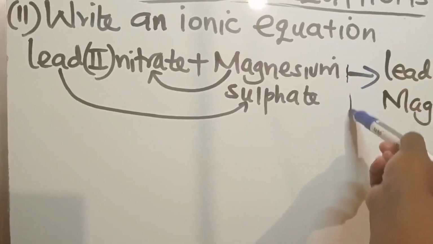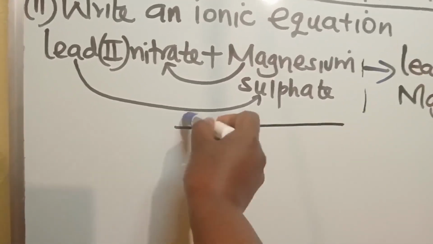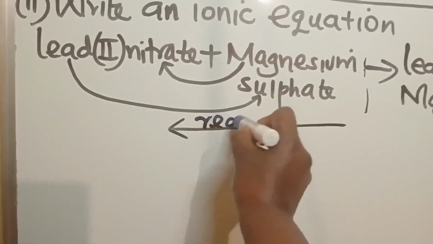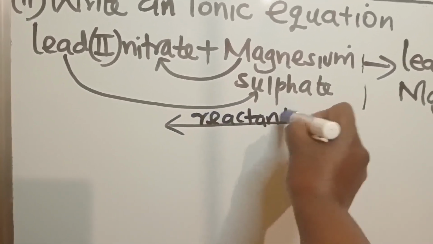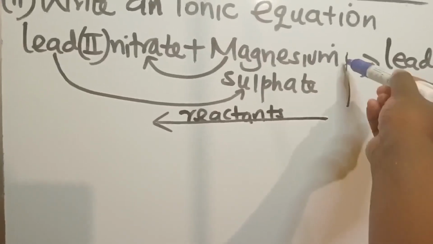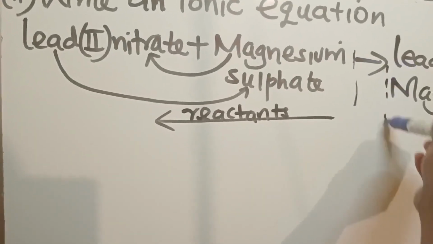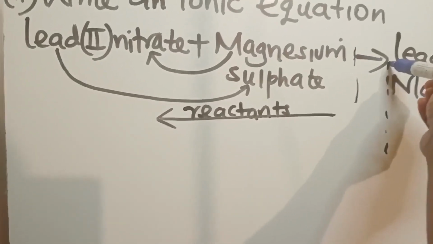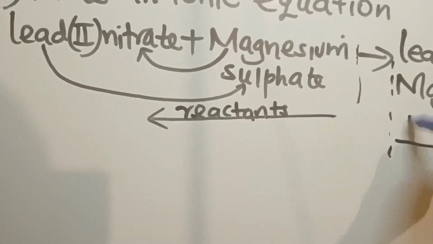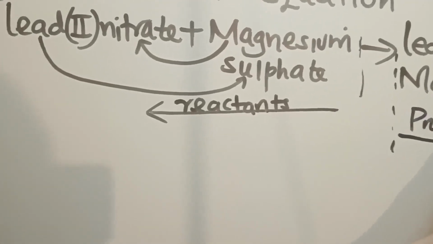From this direction is where we have the reactants. So we should not have any reactant going beyond the tail of the arrow. For the products, they should begin where we have the head of the arrow to the right. So that is the product side.